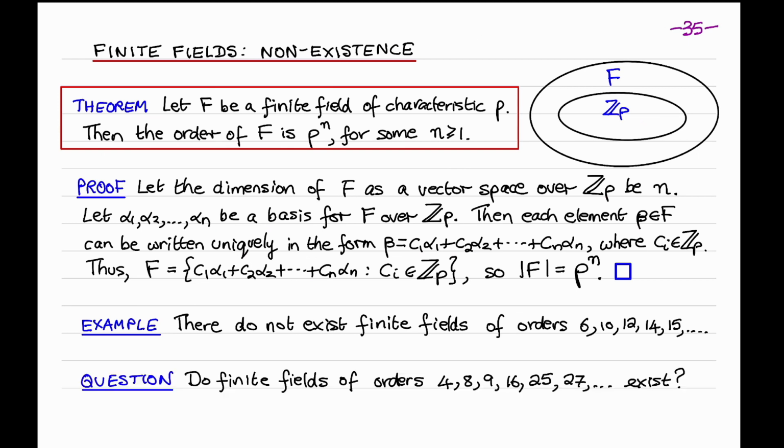The question we'll tackle in the next lecture is the existence of finite fields of orders that are not prime but prime powers. So we'll ask whether there exist finite fields of orders 4, order 8, 9, 16, 25, 27, and so on.